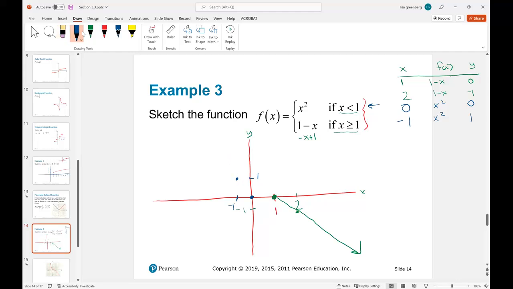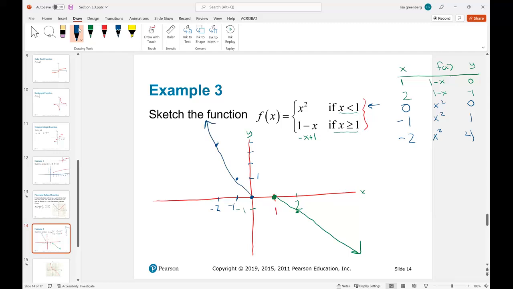So let's say when it's -2, it's going to be 4, right? Because we're going to use x squared. So this is 4. So 1, 2, 3, 4. So I have this point here. And so now I can better see it. It's going to go like this.